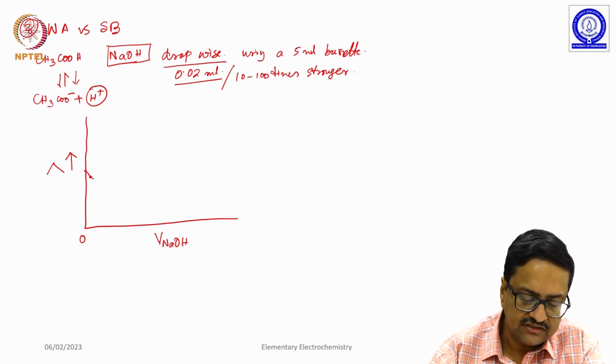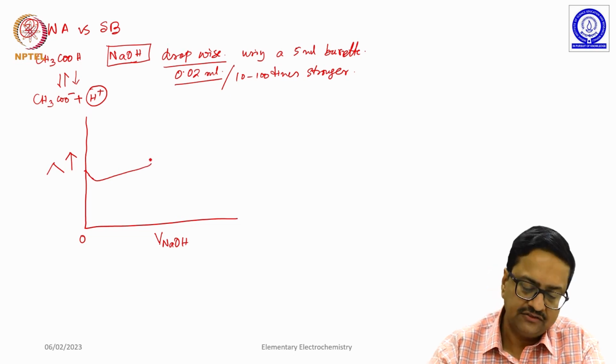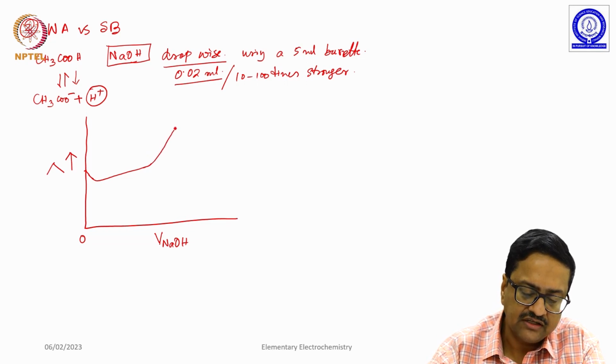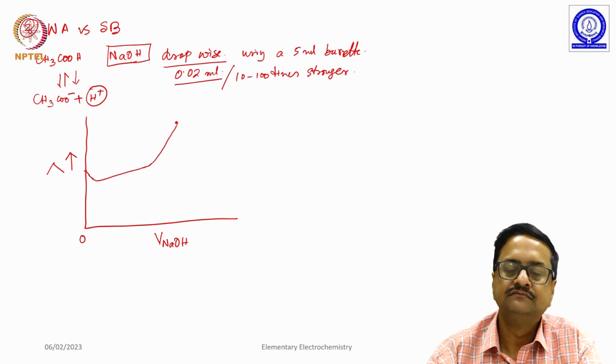So after this initial drop, the conductance of the solution will slowly increase, and near the equivalence point, it will deviate from linearity, and beyond the equivalence point it will continuously increase.